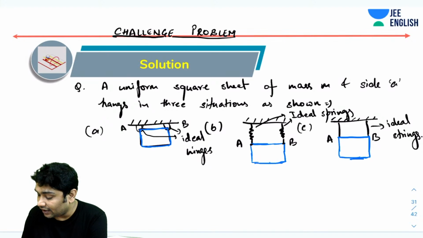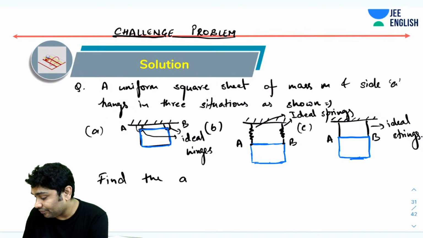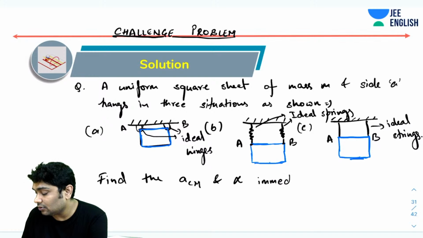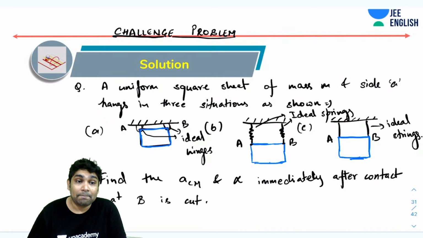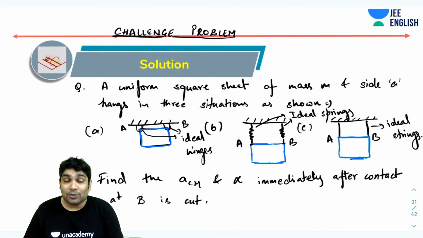Find the a_CM and alpha immediately after contact B is cut. Okay. So this is a challenge problem.